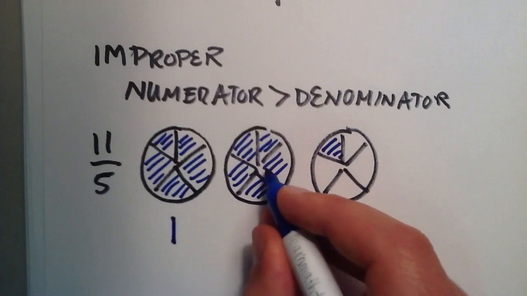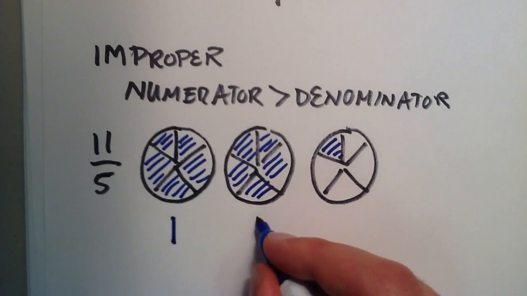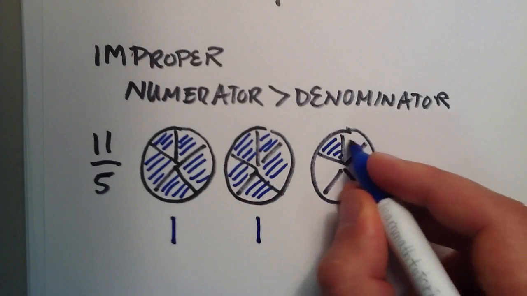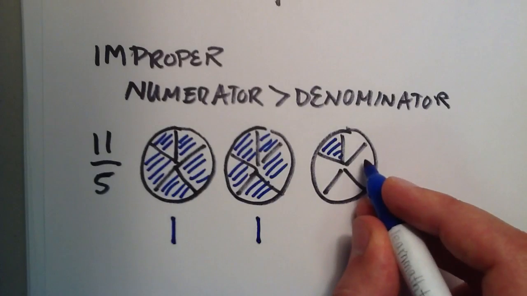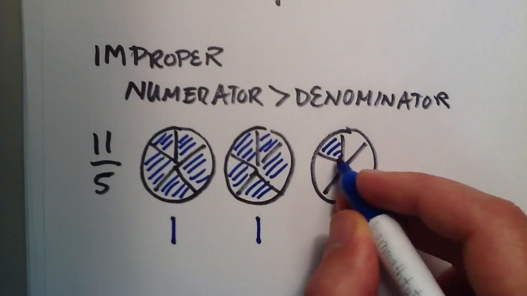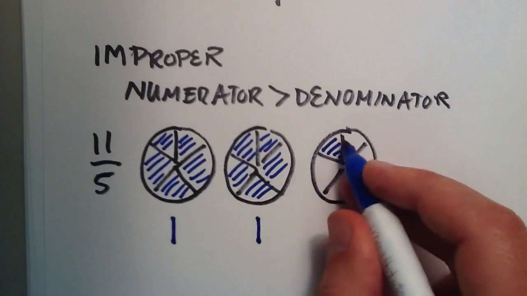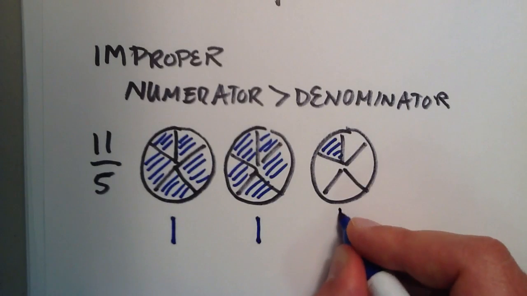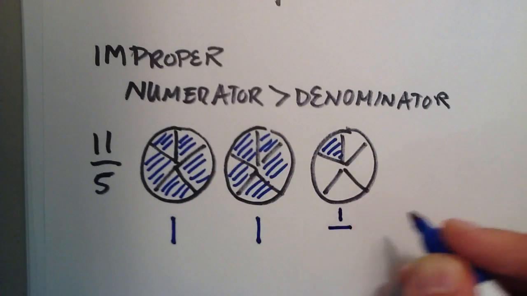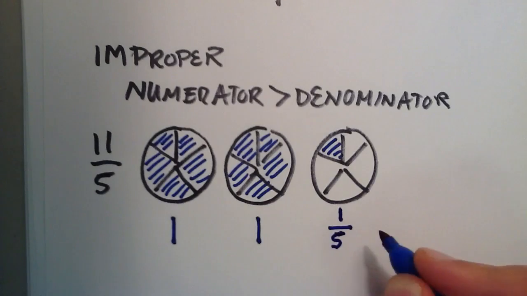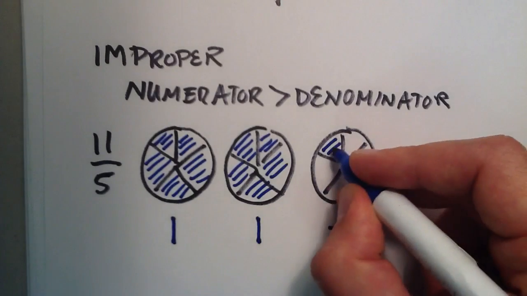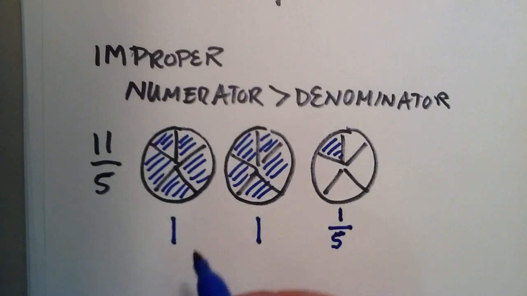This is another unit, so it also represents the number 1. And this is a unit with 5 pieces and only 1 part. So there's 1 piece out of 5 here. So the 1 is the piece we have, that's the numerator, and the 5 is the amount it takes to fill up the whole thing. So we have 1 piece out of 5 total.